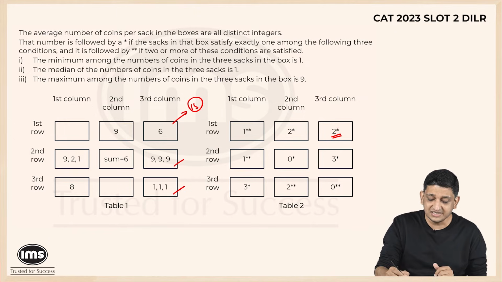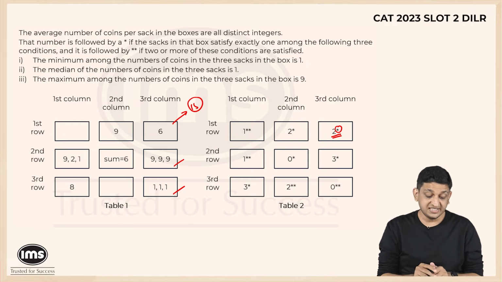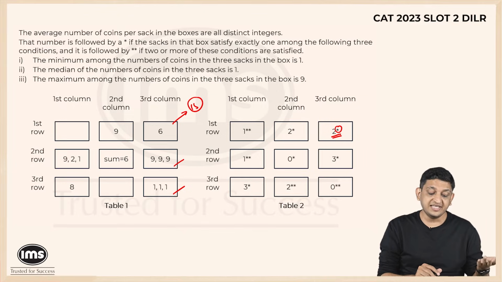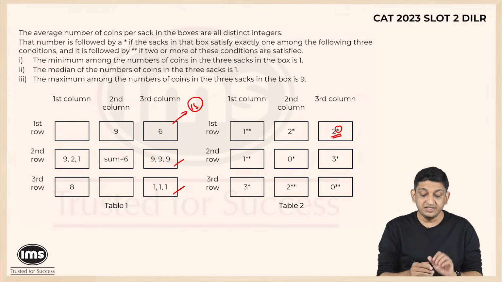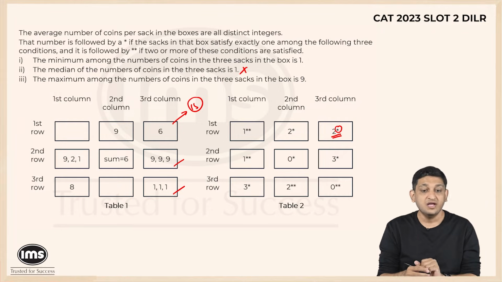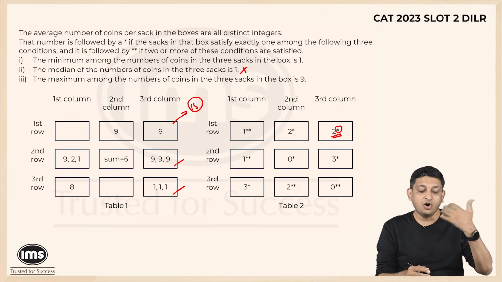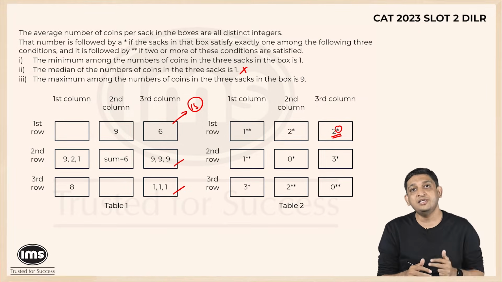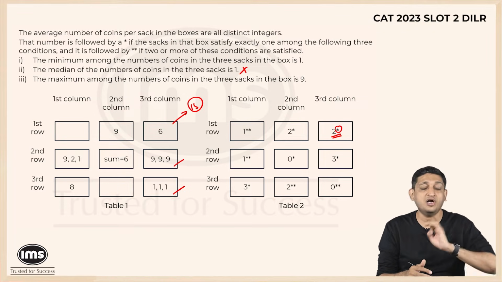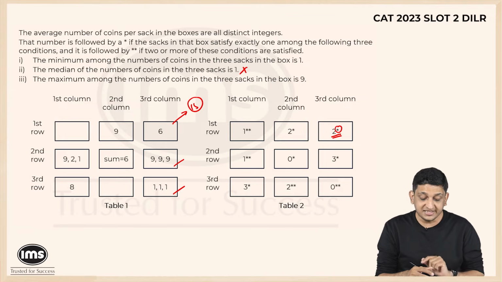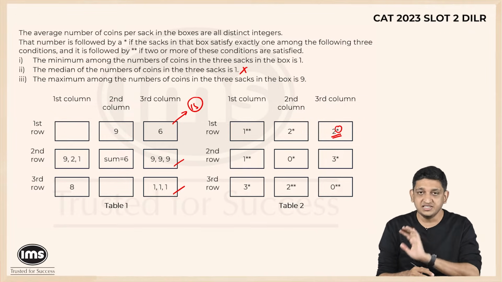We also know that 1 star has to be true, which essentially means either the minimum number is 1 or the maximum is 9 or the median is 1. Now the median cannot be 1 for sure because the median has been told to us to be 6. So either the minimum value is 1 or the maximum value is 9. If I have maximum value as 9, 9, 6 and 0 will be the configuration of these sacks, but 0 is not possible because each sack will have at least one coin, which tells us that 9, 6, dash is not possible.